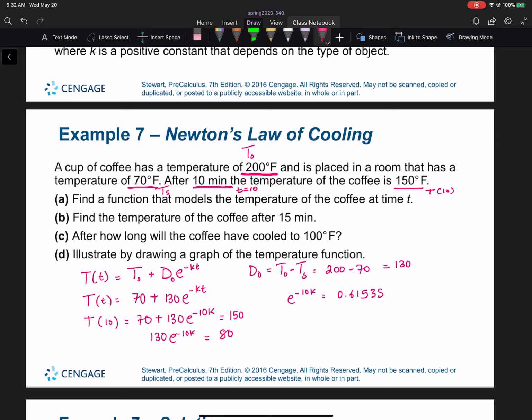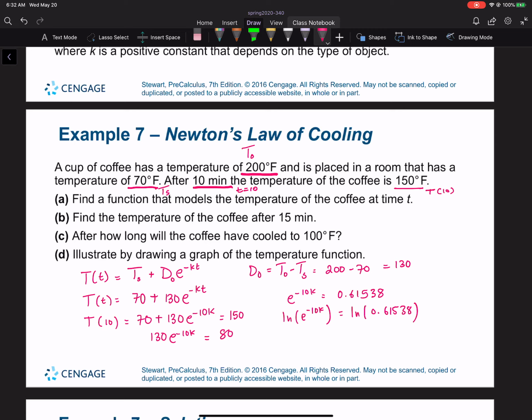That is 0.61538. Now, k is a power and I'm trying to solve for it. The only way to do that is to apply the natural log. So ln of e to the negative 10k equals ln of 0.61538.